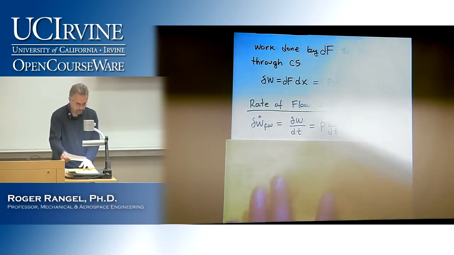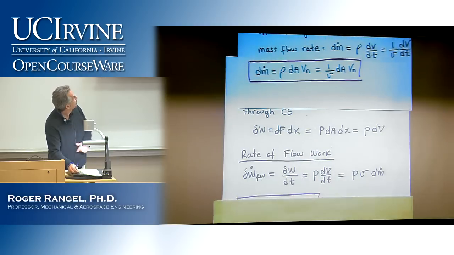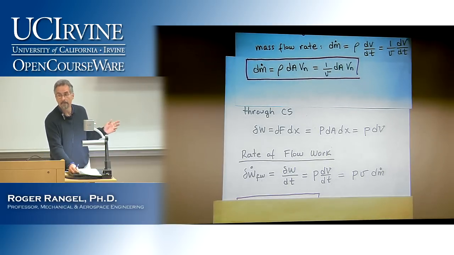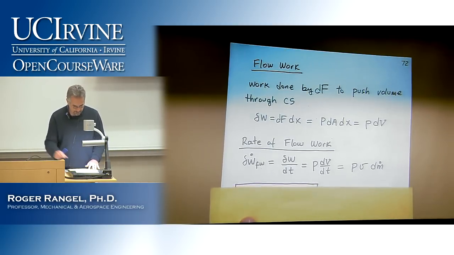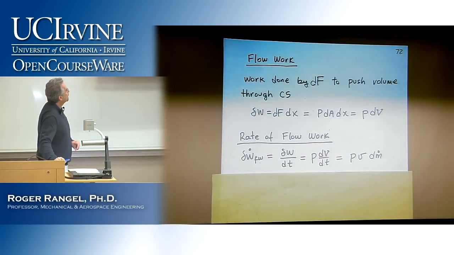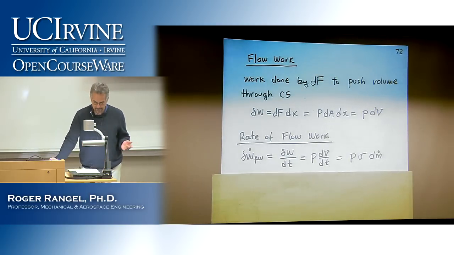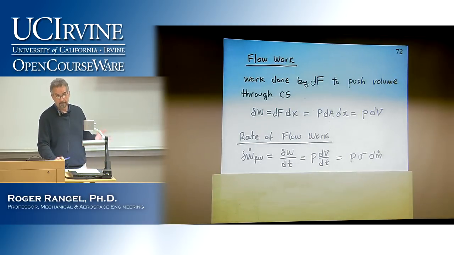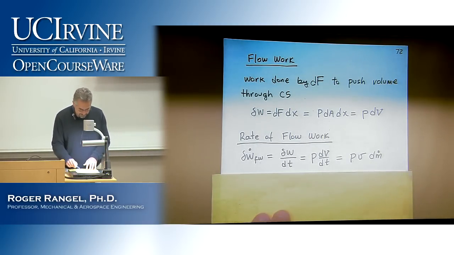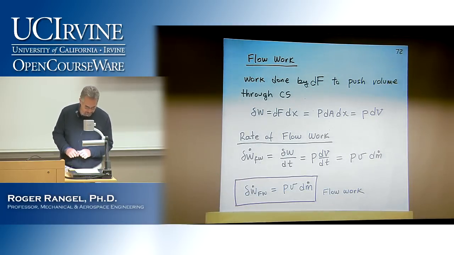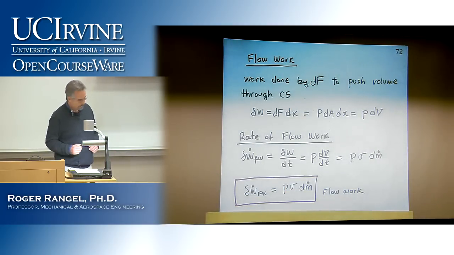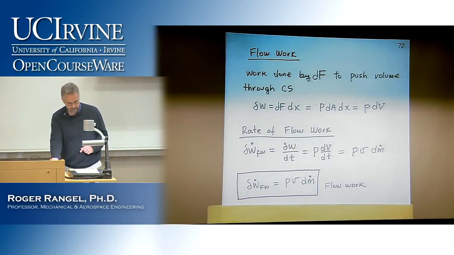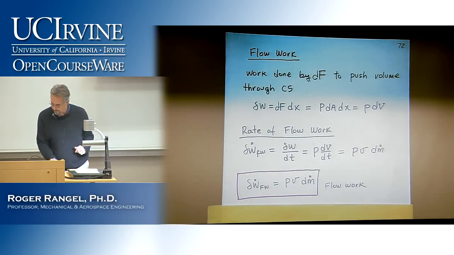One here that tells me how to calculate the rate at which the mass is going in, kilograms per second. And I have another one here that allows me to calculate the amount of work needed to push that mass in. Pressure, specific volume, times the mass flow rate itself. So this is the so-called flow work. So we put it in a box nicely so that we can remember it. The flow work is P times v, specific volume, times the mass flow rate.